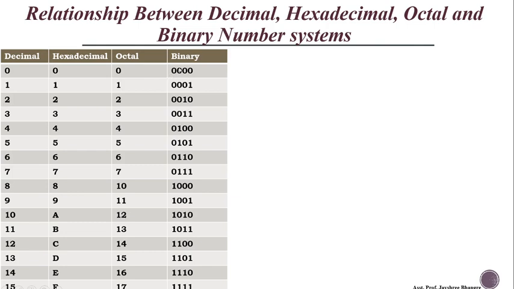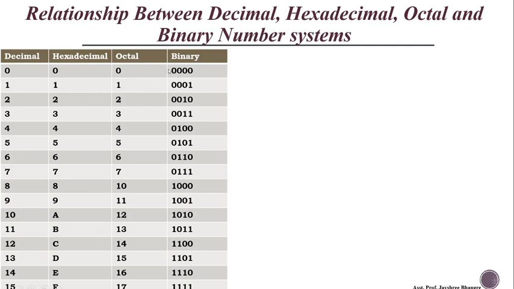Next is 2 raised to 2, which is 4. So there are 4 zeros, 4 ones, 4 zeros, 4 ones. The next column is 2 raised to 3, which is 8, so we write 8 zeros and 8 ones. For the fifth column, there is 2 raised to 4, which is 16.